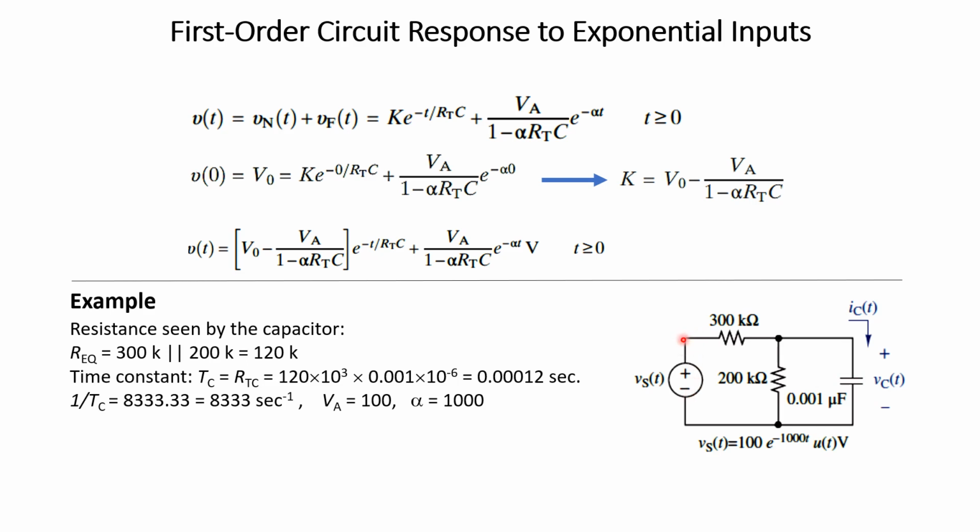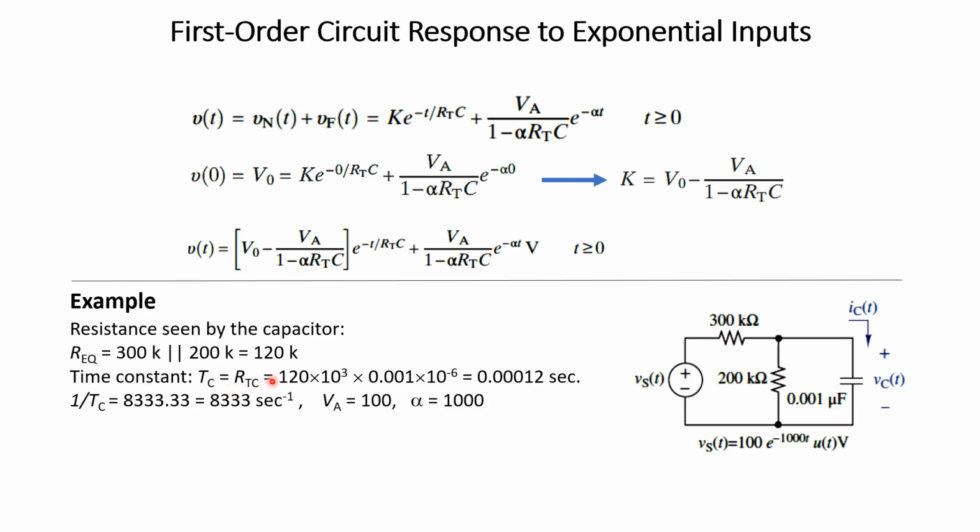Eliminating the voltage source means we short circuit it, and the resistance seen by this capacitor is the 300k ohm resistance in parallel with the 200k ohm resistance, which is R equivalent.